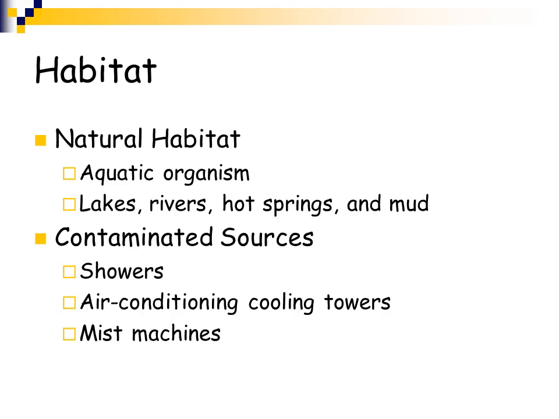Now, the natural habitat of Legionella is that it is an aquatic organism. It lives in lakes, rivers, hot springs, and mud and soil, but that has to be moist. And it is found in contaminated sources. So it's found in shower heads, in air conditioning cooling towers, as well as misting machines.